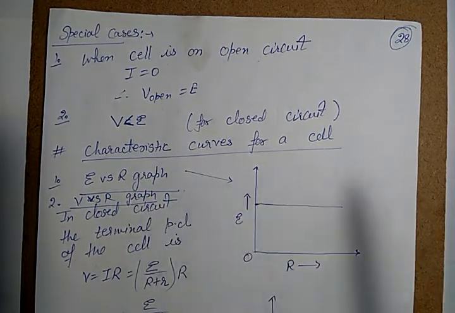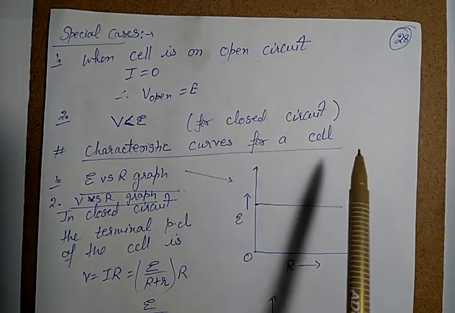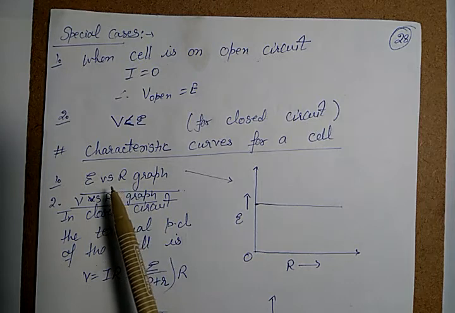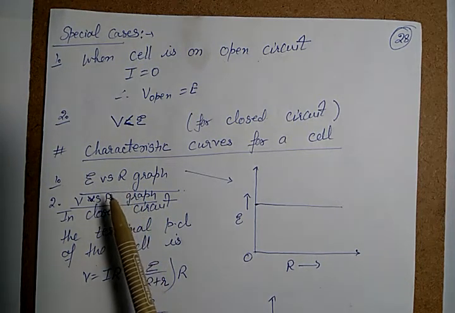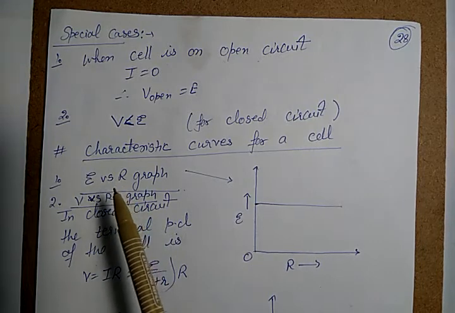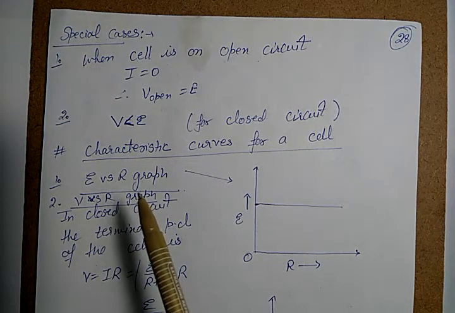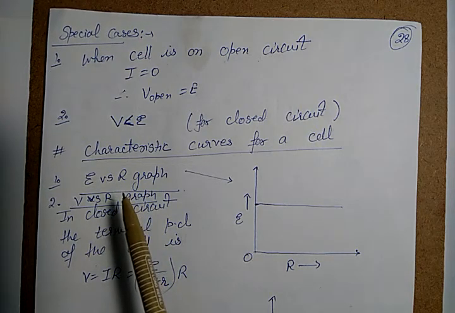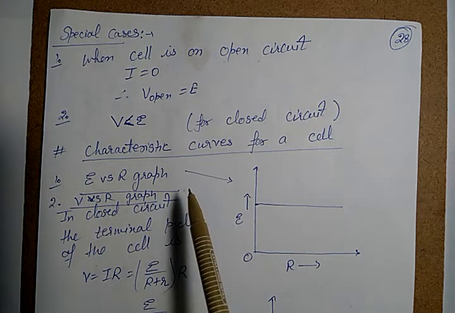Now, after discussing the relation, let us discuss the characteristic curves for a cell. So, let us first discuss the curve for the EMF and R, that is the resistance of a given conductor. Now, the EMF of a cell is equal to the terminal potential difference when no current is drawn from the cell.